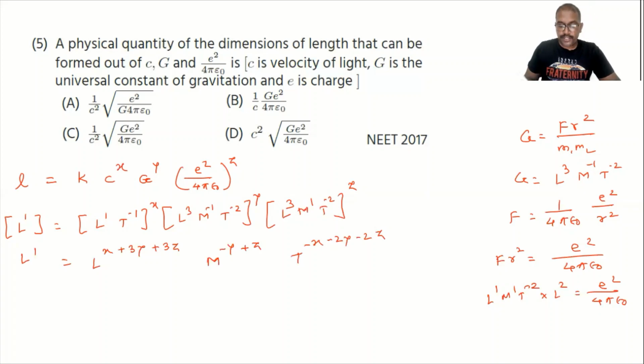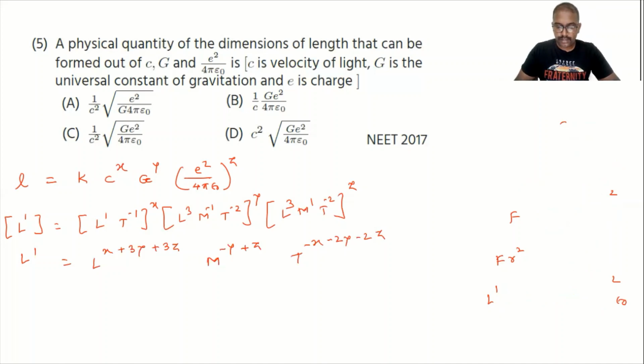Now we get some equations, and these equations we have to simplify and obtain this x, y, z. As we get x, y, z, we have to substitute in this above equation and we will get the final one.